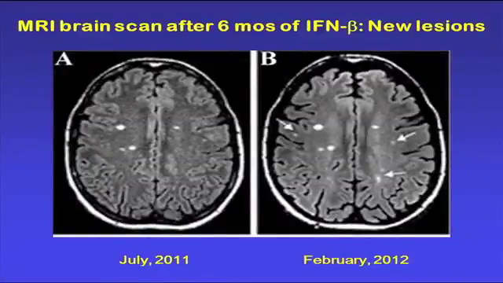Compare the February 2011 image with that of February 2012, and you can see 3 arrows which point to 3 new lesions. And you can also see that the scans are pretty well matched for the level of section, showing that these are not being seen just because you're taking a different picture of the brain, but that these have actually popped up since you last saw her.